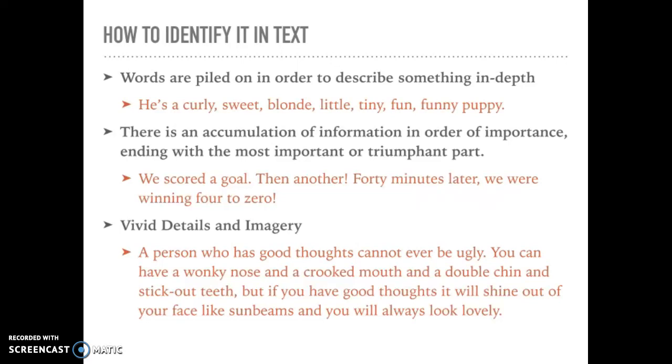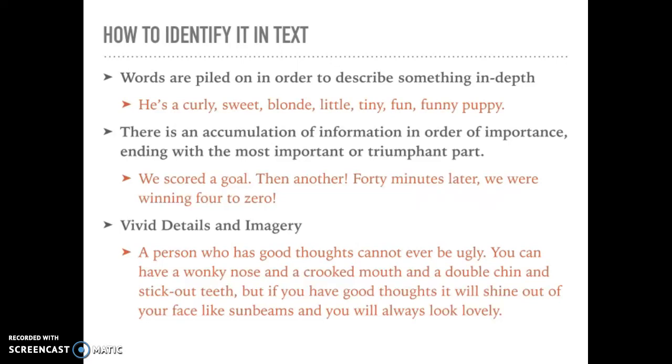Lastly, another way you can pick up on amplification is by looking at vivid details and imagery. For example: a person who has good thoughts cannot ever be ugly. You can have a wonky nose, a crooked mouth, a double chin, and stick out teeth. But if you have good thoughts, it will shine out of your face like sunbeams, and you will always look lovely.